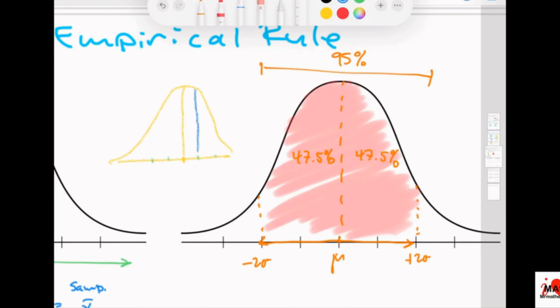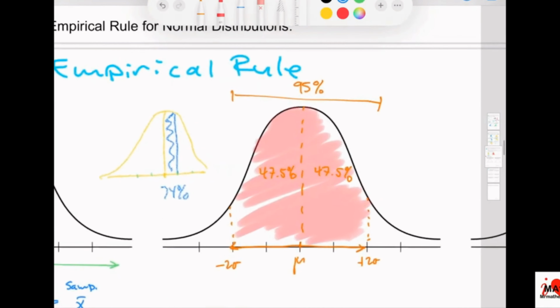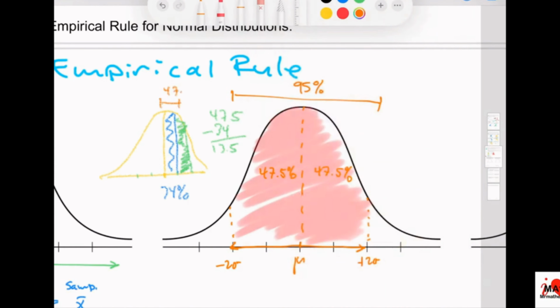If you know this blue region here represents 34%, then this green region, 47.5 minus 34 gives you 13.5. Why? Because the green area, if it's 13.5 and the blue area is 34, if you add those two together, you will get 47.5. So that, going that direction, remember, is 47.5.